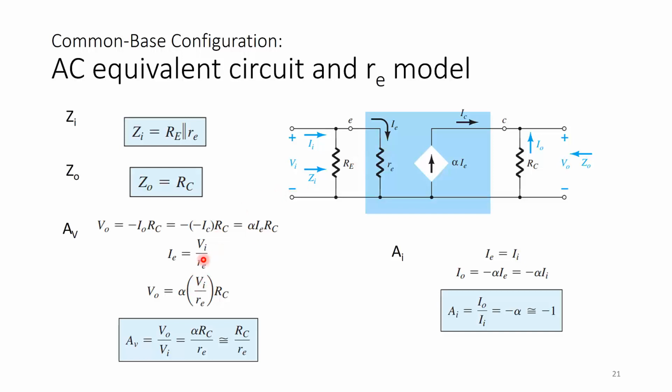At the input port, we have Vin equals IE re. Replacing that, we find AV to be equal to RC over re. For the current gain, it is Iout over Iin. Iin is IE, and Iout is negative alpha IE, so it's about equal to negative alpha, which is about negative 1. So this is the common base.